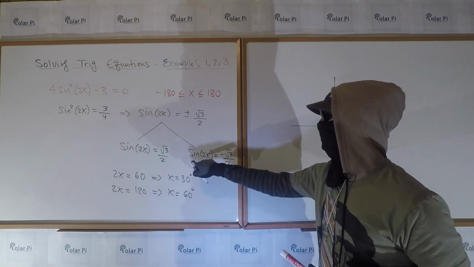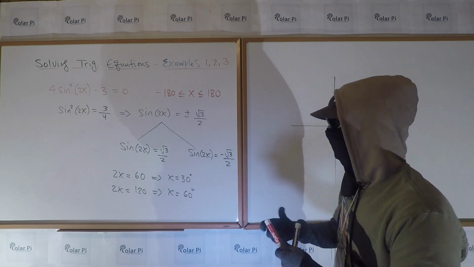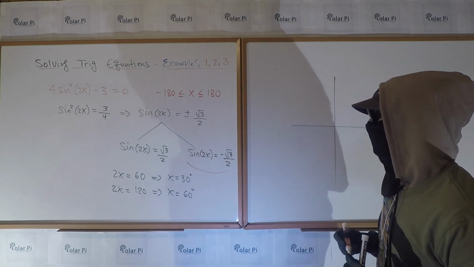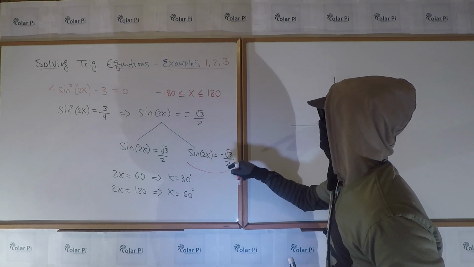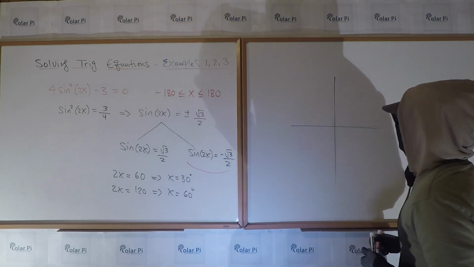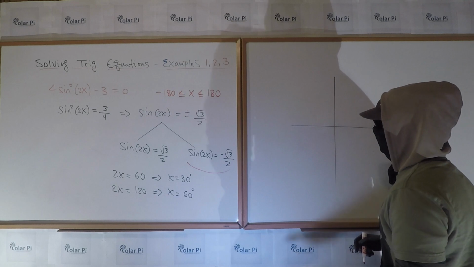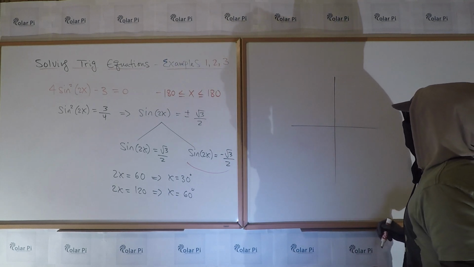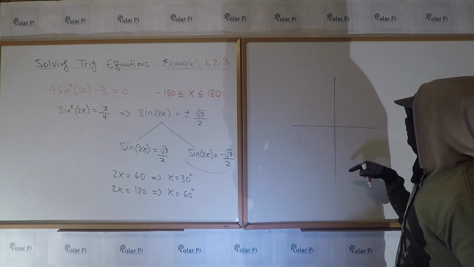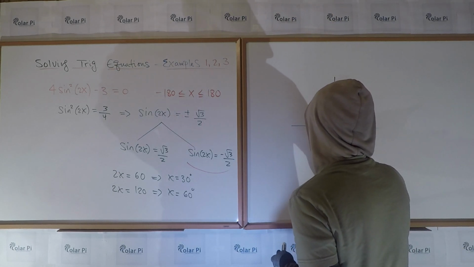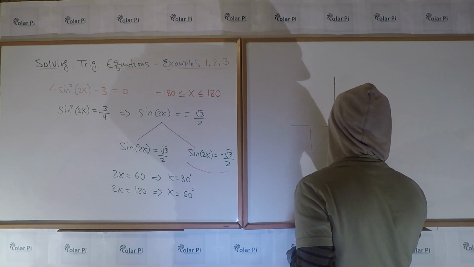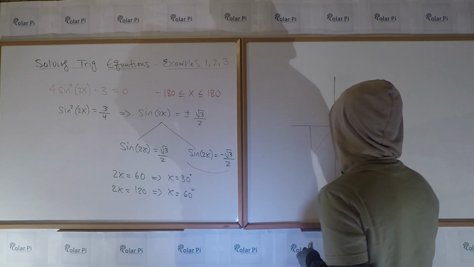Okay, this time looking at this, let me kind of highlight it. We want to know where sine of some angle is equal to a negative number. And this negative number is more than -1, so we're good. Sine is negative in this quadrant and in this quadrant.